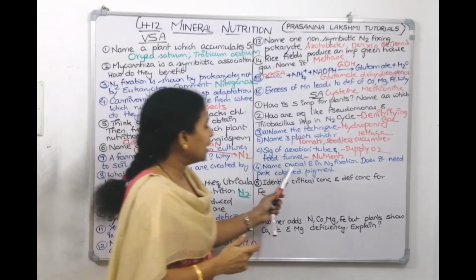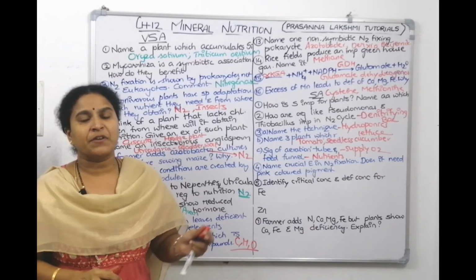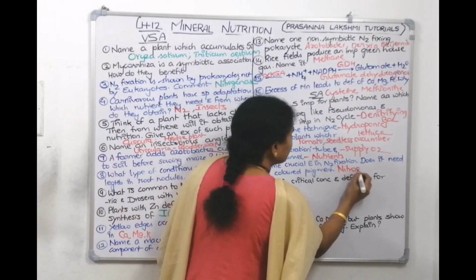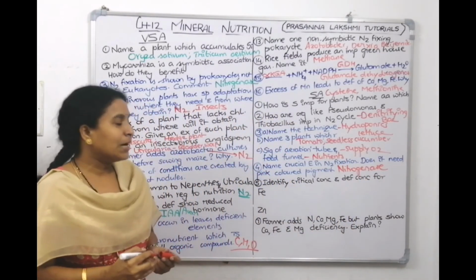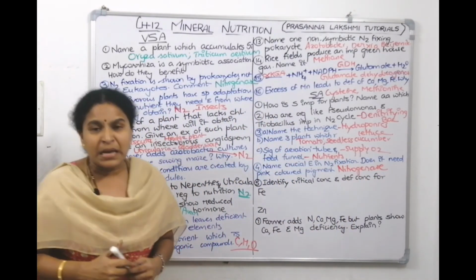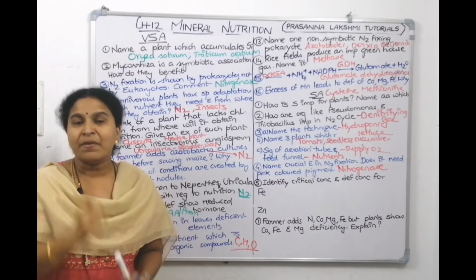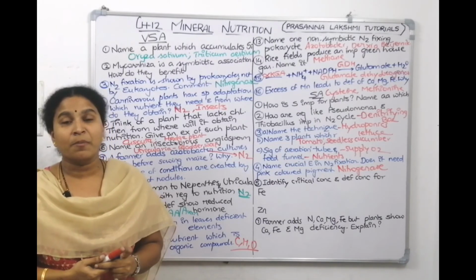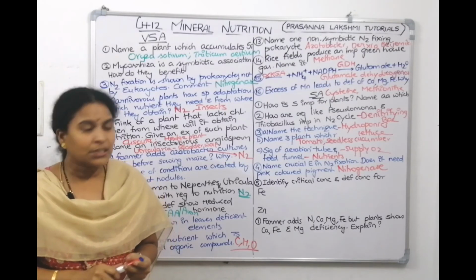Name the crucial enzyme in nitrogen fixation. Nitrogenase is an enzyme. Does it need a pink colored pigment? The pink colored pigment is leg hemoglobin. Leg hemoglobin is very important for nitrogenase to do its function, because leg hemoglobin removes oxygen, provides anaerobic conditions, correct?